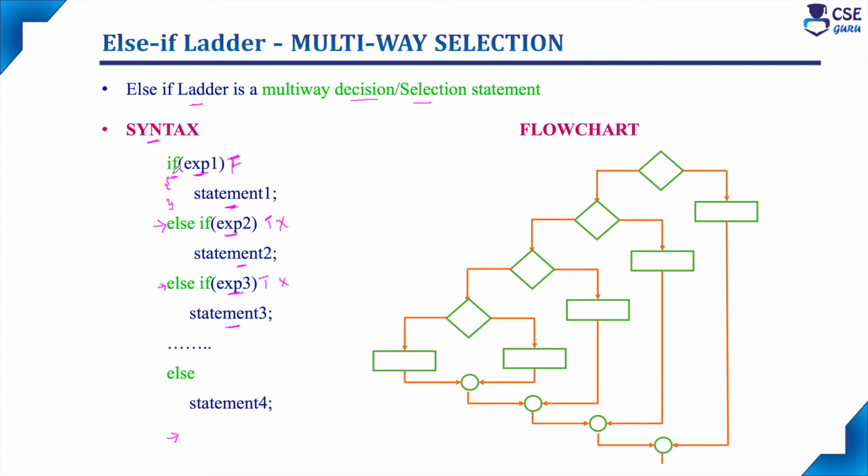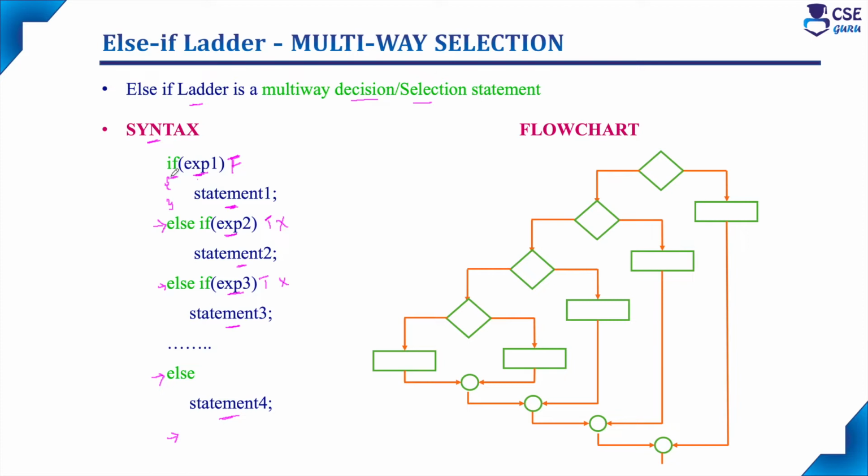If this if condition fails and all the else if conditions also fail, control will transfer to the else part and it will execute statement 4. After execution, control will transfer to the next statement in the C code. So this is the else if ladder. First the if condition will be specified.